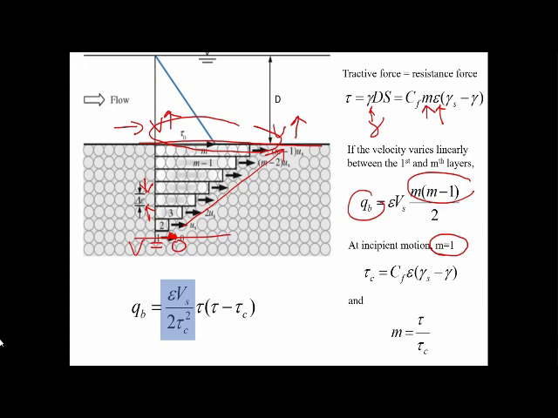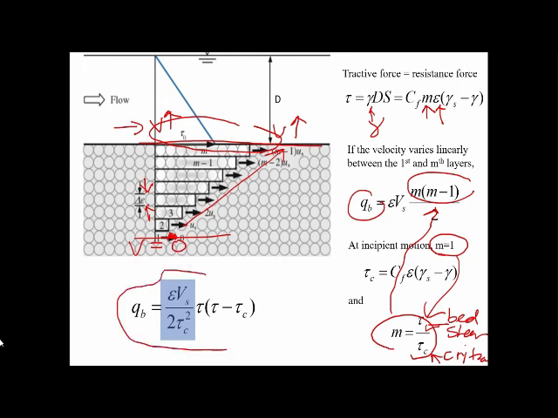So for the M equals to 1, so means that your tau naught is equals to your tau C. So this one is your bed shear stress, and this one is your critical shear stress. So if you input these conditions into these equations as derived by the Du Bois, so what you will have here is these equations.